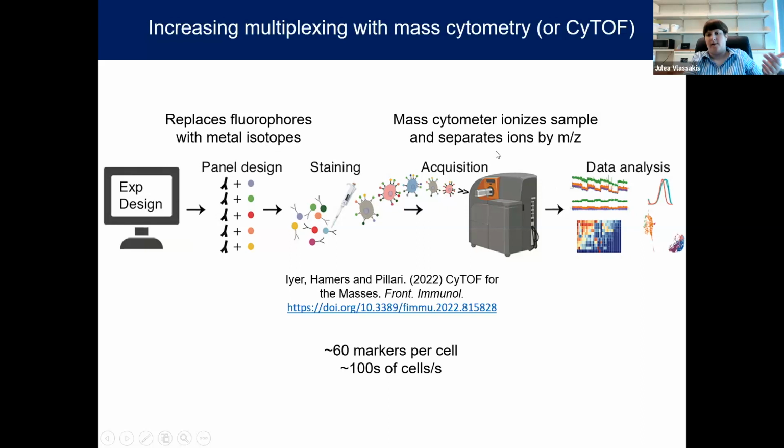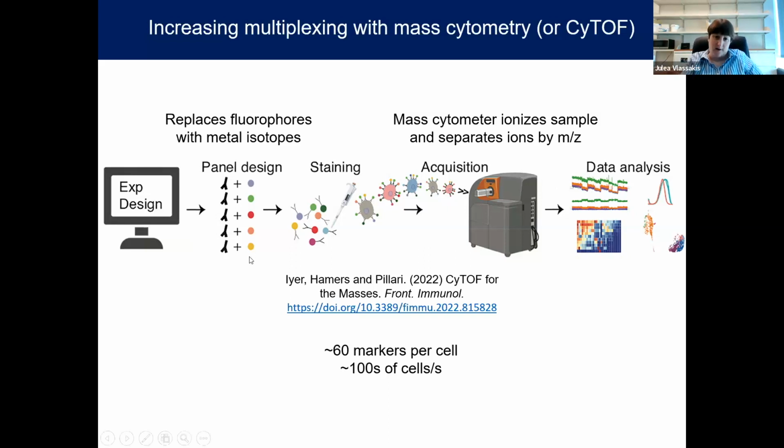And through the selective analysis of a mass analyzer that can detect differences in the mass to charge ratio, or m/z, these particular metal isotopes can be carefully and differentially identified more stringently than fluorescence, arguably because you get overlap of fluorescent spectra, which limits typical multiplexing with the standard fluorescence excitation wavelengths and filters to about 3 to 4 colors at a time.